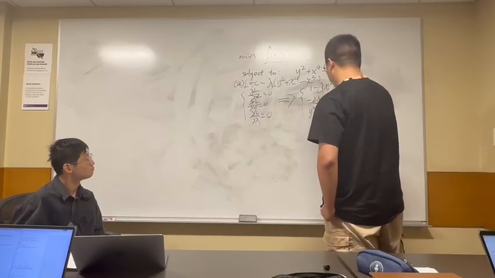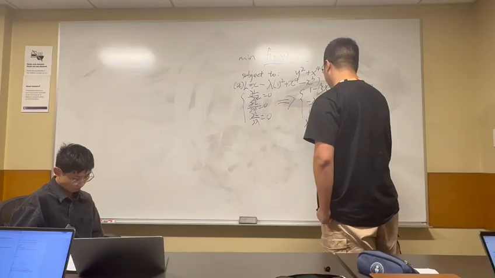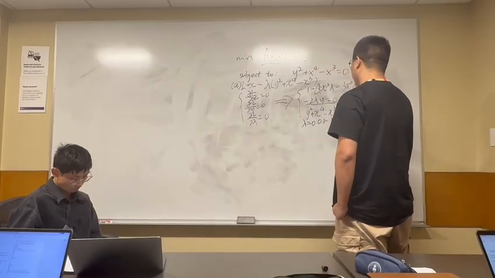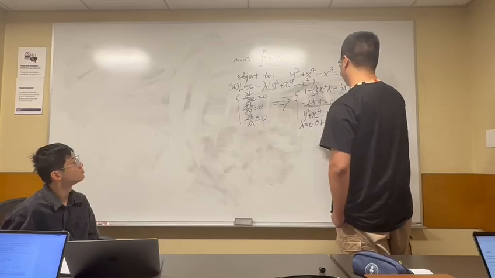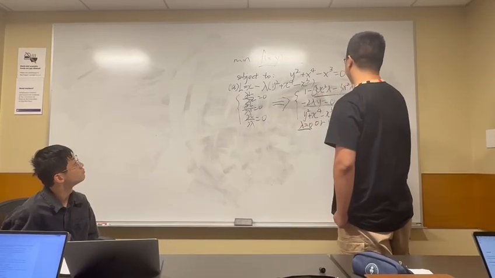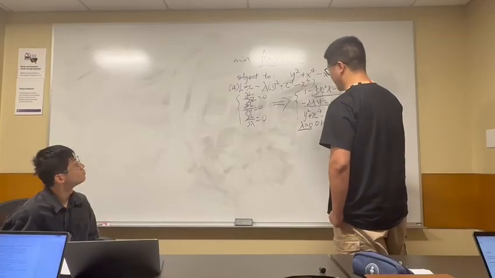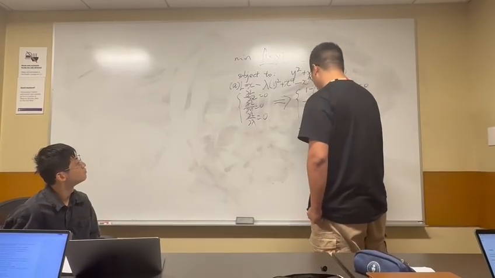So from this, we can conclude that lambda equals to 0 or y equals to 0. But note that lambda could not be 0, because if lambda equals to 0, then 1 will equal to 0. This is impossible. There were contradictions, so y must be 0.